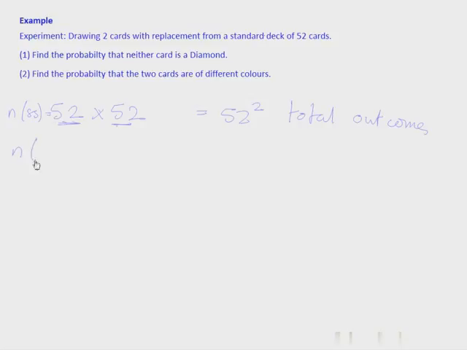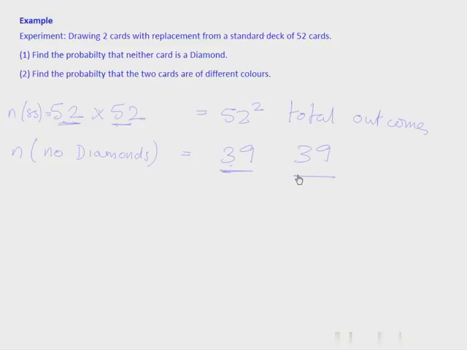So let's count no diamonds. So the first card cannot be a diamond. In how many ways can I pick a card that isn't a diamond? Well, there are 13 diamonds out of 52. So there are 39 cards that are not diamonds. The second card can't be a diamond either. So I have 39 choices for the second card.